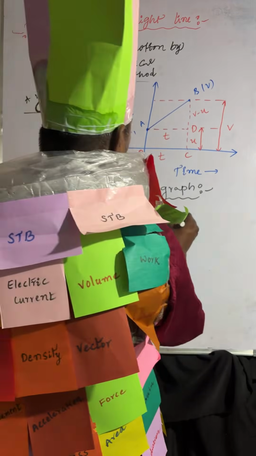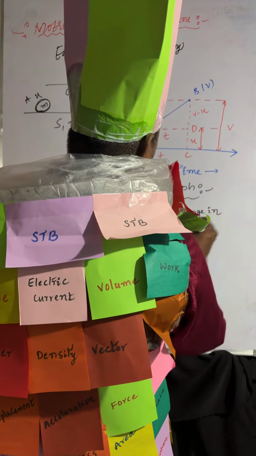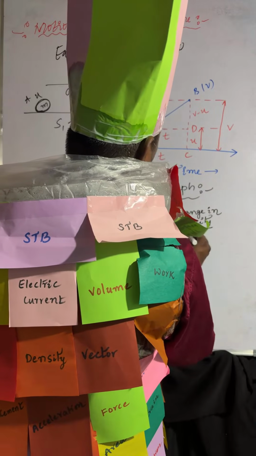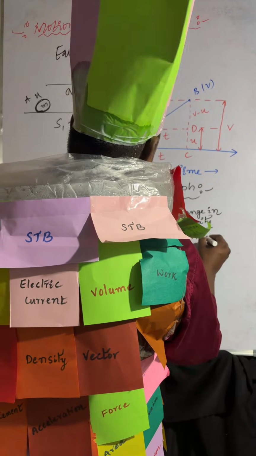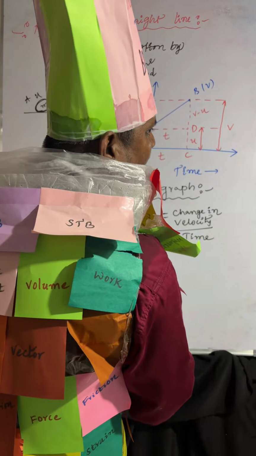Okay, slope equal to change in velocity by time. Meanwhile, you have to write the terms. What are the terms we are using here?